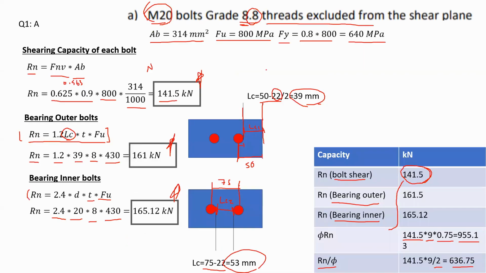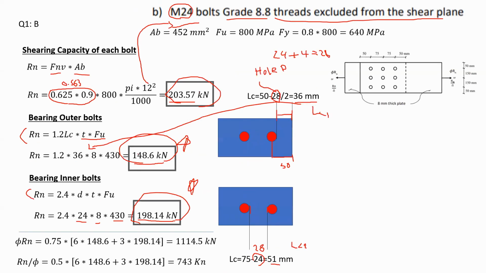So if we go back again, in order to calculate the capacity, I'm multiplying 6 by 148.6 because I had 6 outer bolts, plus 3, that's the inner, multiplied by the inner bolts capacity.